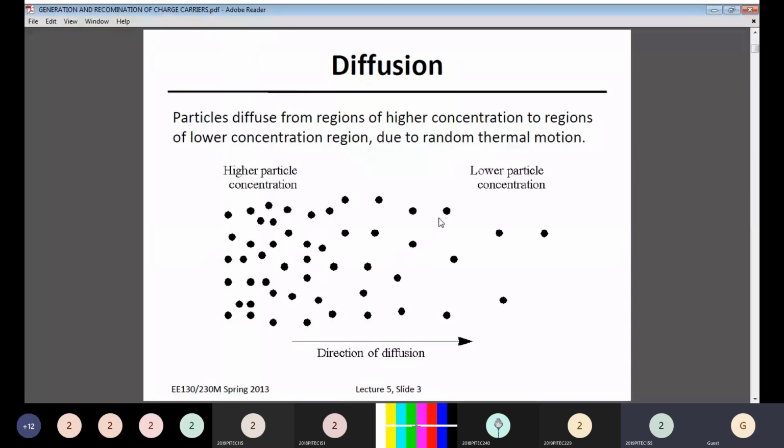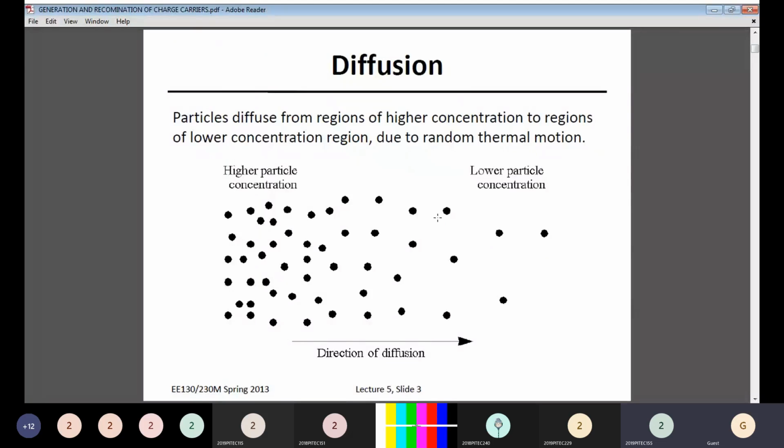This condition is said to be the forward bias condition. Under this condition, the charge carriers on the higher concentration side tend to move to the lower concentration region because of the biasing potential that has been supplied.